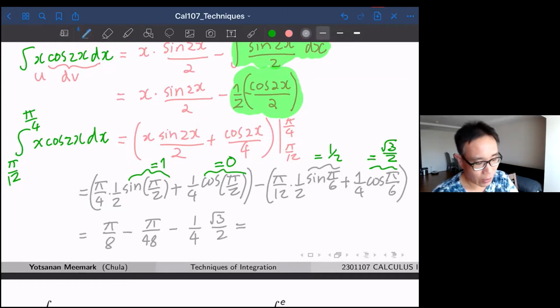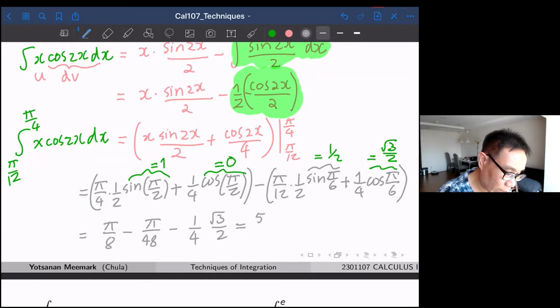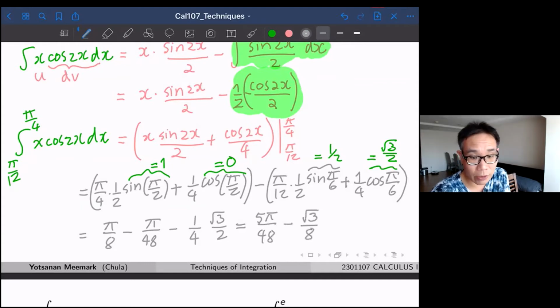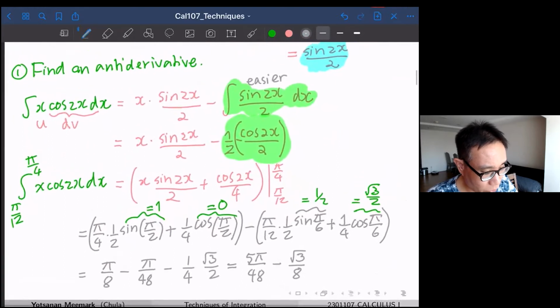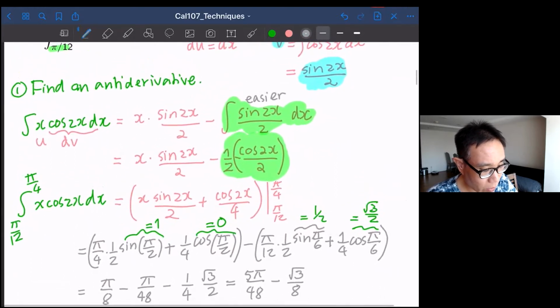So this is how you obtain it. You may evaluate or you may combine the terms, but you may not have to. Okay, let's combine. It's 5 pi over 48 minus square root 3 over 8. Okay, so that would give me the final answer for the integral of x cos 2x from pi over 12 to pi quarter.